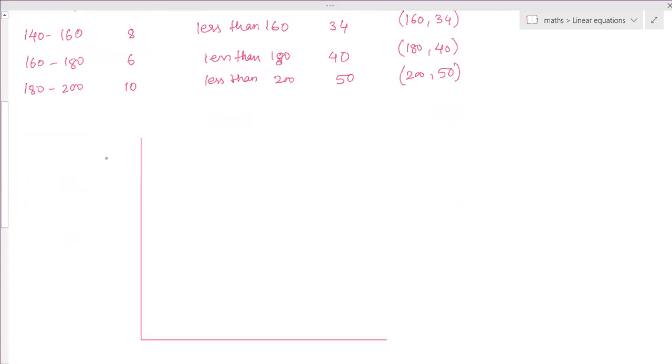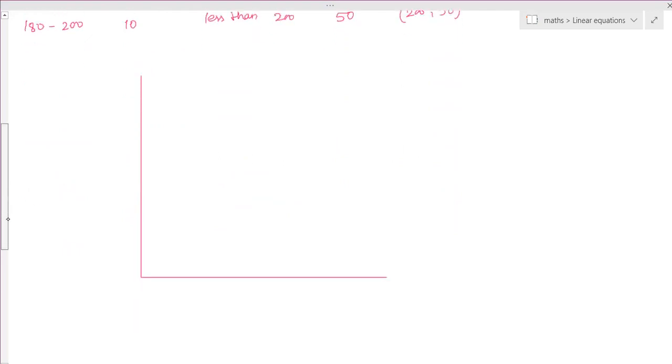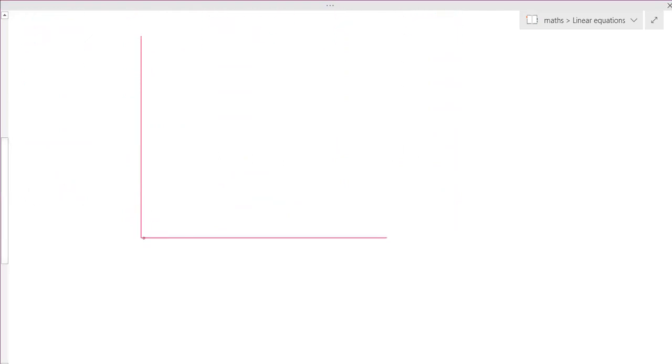Here the values are 120 to 200, so the initial values we are not supposed to show. We have to show a kink: leave a 1 centimeter gap and then start with 120. The initial value is 100, so keep a 1 centimeter distance and then start. 120, then 140, 160, 180, 200.